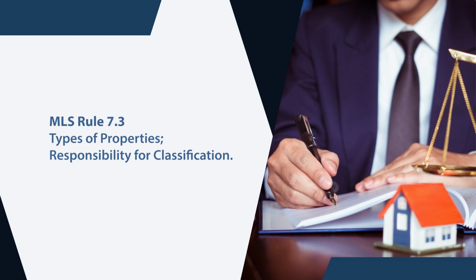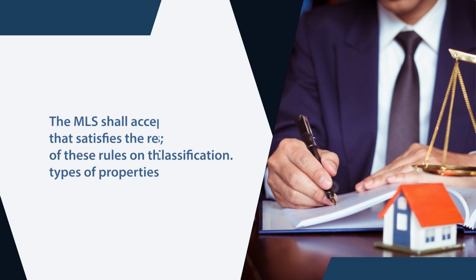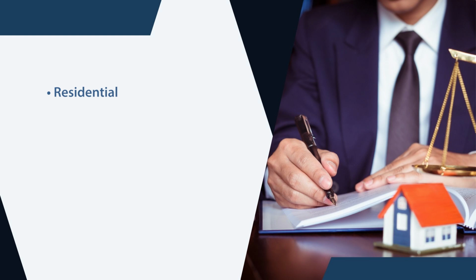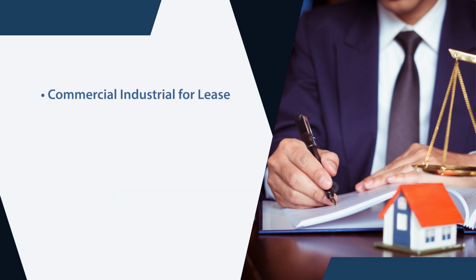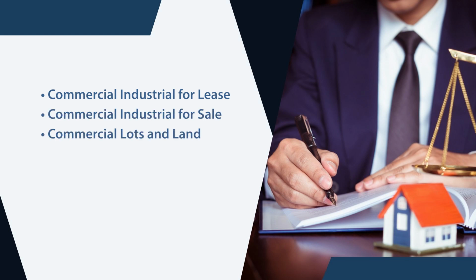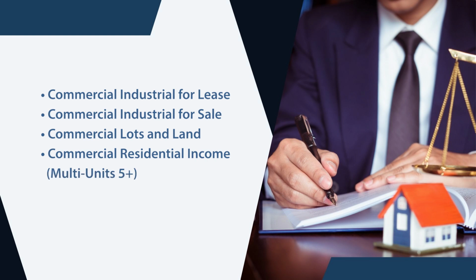MLS Rule 7.3, Types of properties, responsibility for classification. The MLS shall accept the listing that satisfies the requirements of these rules on the following types of properties: residential, residential income, mobile homes, only those that may be sold by a licensed real estate agent, lots and land, lease rental, commercial industrial for lease, commercial industrial for sale, commercial lots and land, commercial residential income, multi-units 5+, commercial business opportunity.